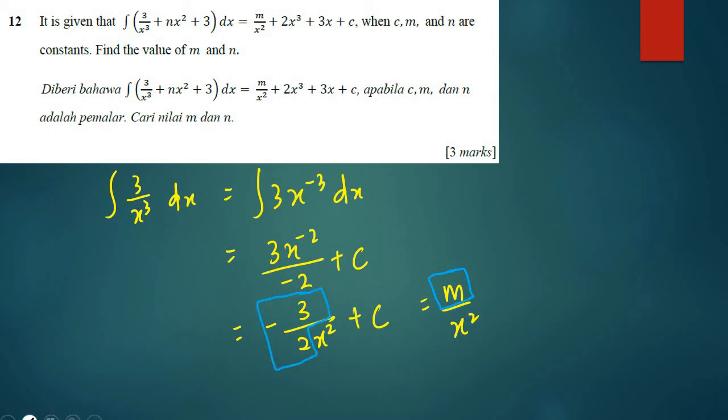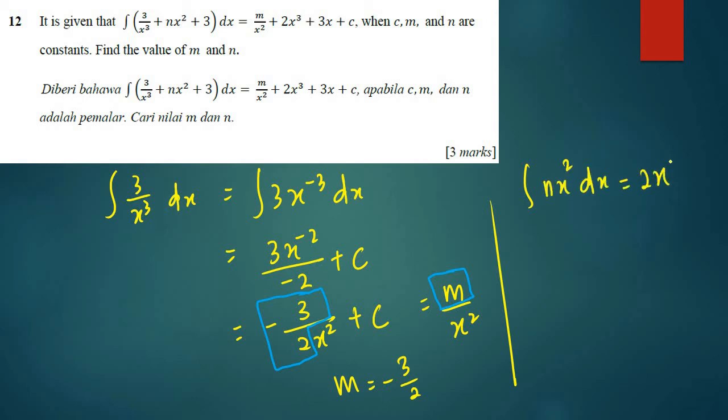We can say m is equal to -3 over 2. Okay. Next one. How to find n? As given, the integral of nx squared gives 2x to the power of 3. So what is the n value?